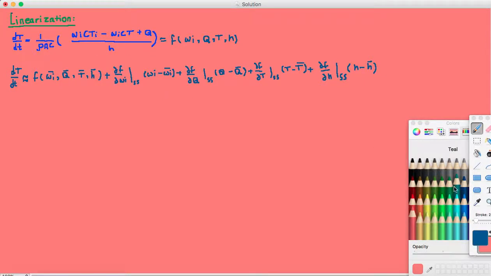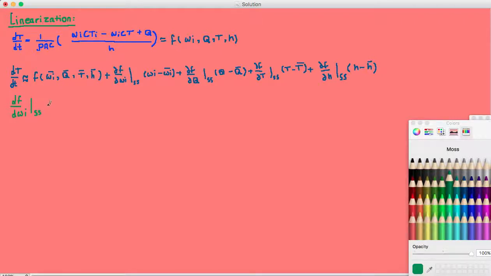Okay, so let's go back to the function and see what the first derivative of f based on omega I would be. Let me change the pen color to green, then we can see better. So df by d omega I at a steady state: omega I has C T_I and C T as multiplication.